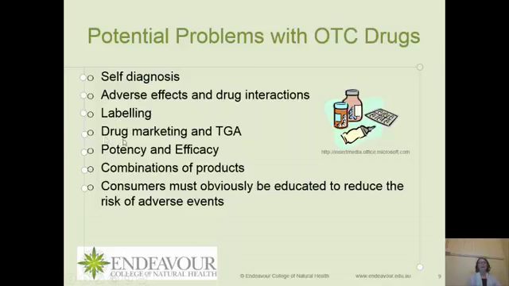These over-the-counter drugs are marketed, so their marketing and the way that they are published and presented is also controlled by the Therapeutic Goods Administration, and we saw this was another parallel with complementary medicines, that their marketing and other aspects are also controlled by the TGA.